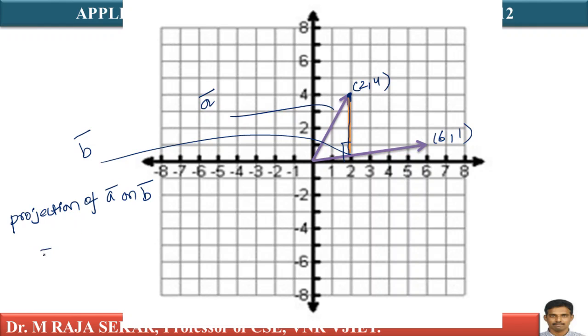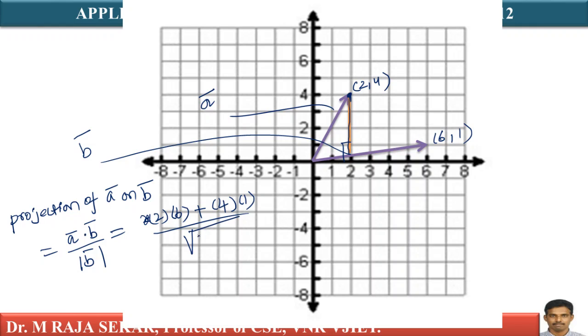What is the formula? I already discussed the earlier geometric form. This I can treat as the algebraic form. In the earlier case, the angle was given. Now there is no angle. In that case, the projection of A on B bar is A bar dot B bar by mod B bar. A bar dot B bar is 2 into 6 plus 4 into 1, that is 16.